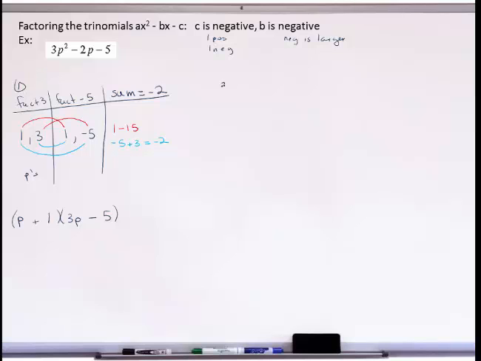Using a modified big giant X, I'll do 3 times negative 5, which will give me negative 15. So I want to multiply and make negative 15, and I want to add to make negative 2. That's a 5 and a 3. I want it negative.